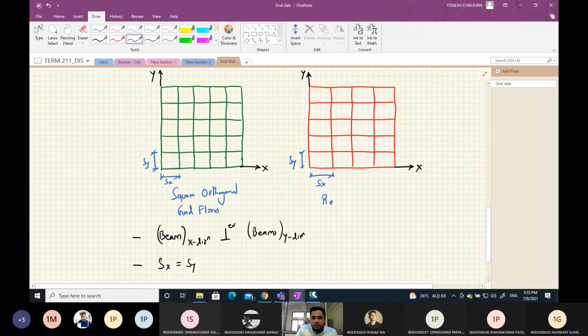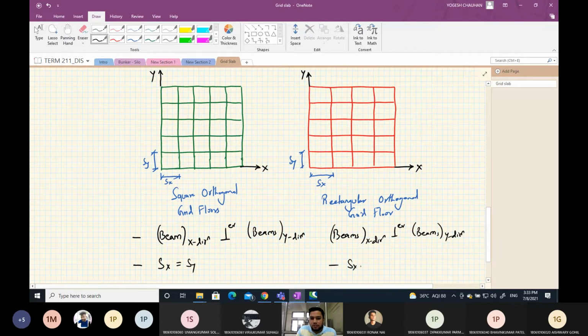This is a rectangular orthogonal grid floor. So here also we have the beams in the x direction perpendicular to the beams in the y direction, but here the spacing is different.